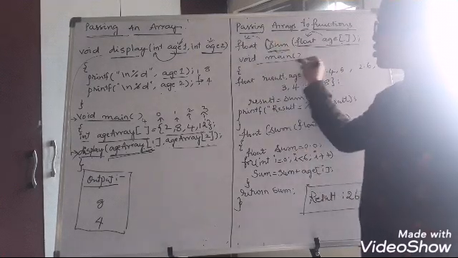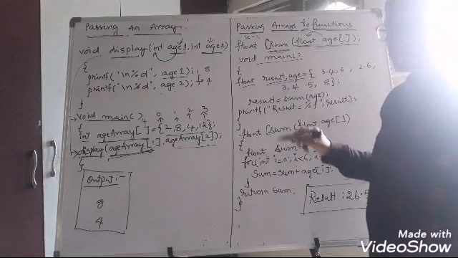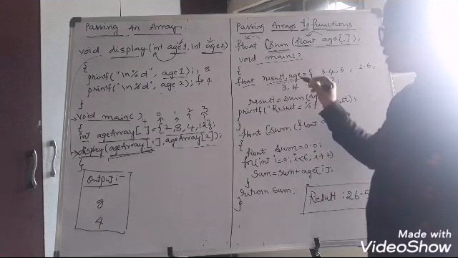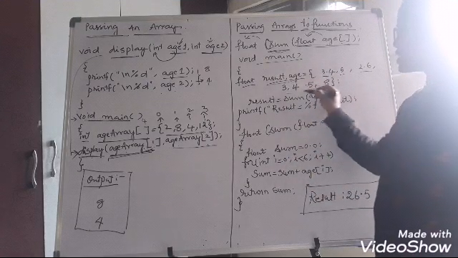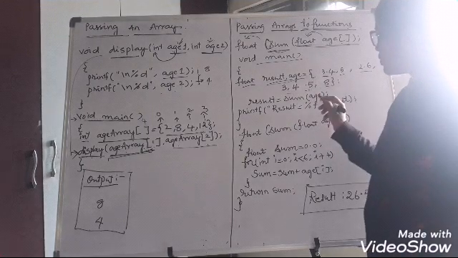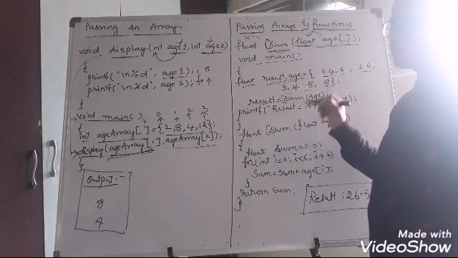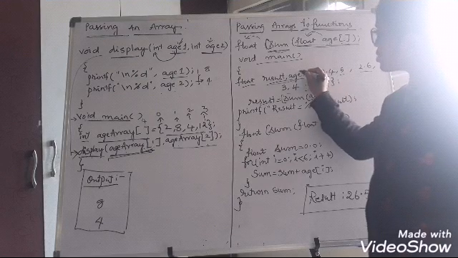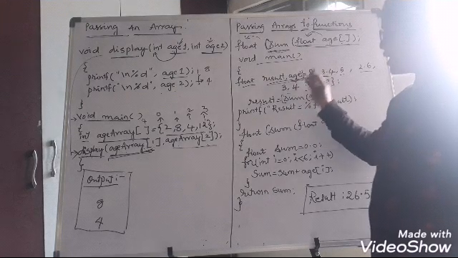Coming to the main, I am taking two variables, result and age, where both are float, and age with these values 3.4, 5, 2.6 and so on. So result equals C sum of age. Here actually it must be like this, as it is an age array.